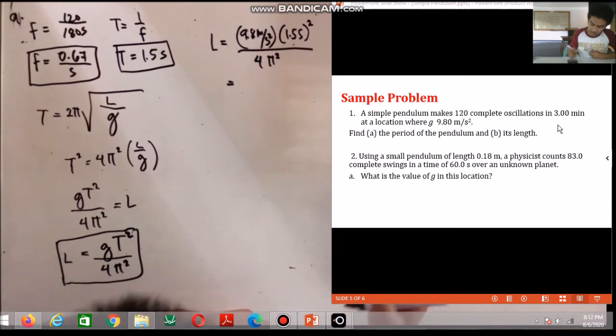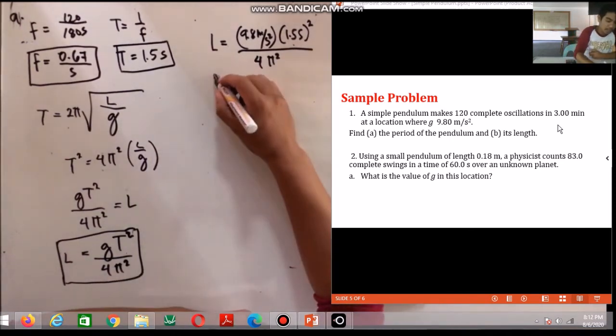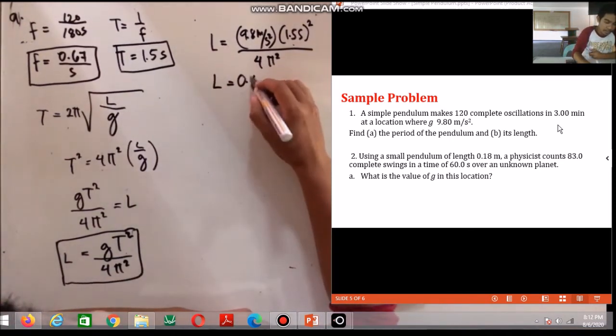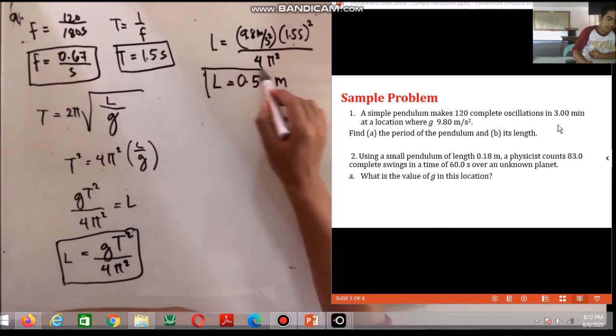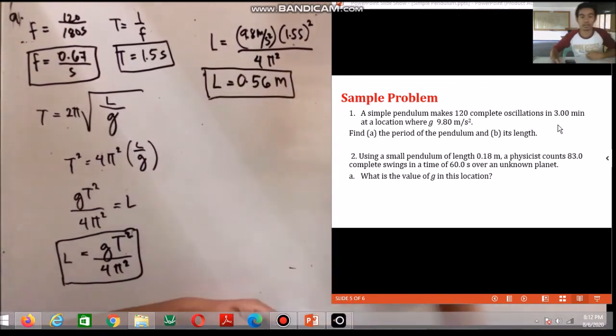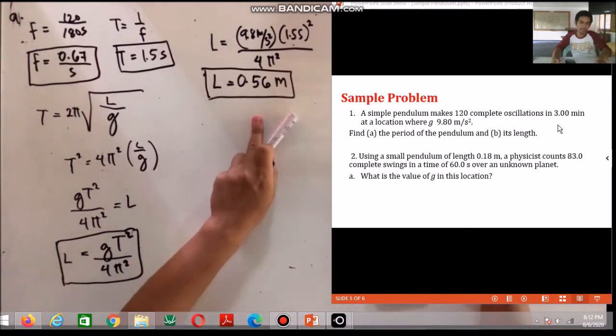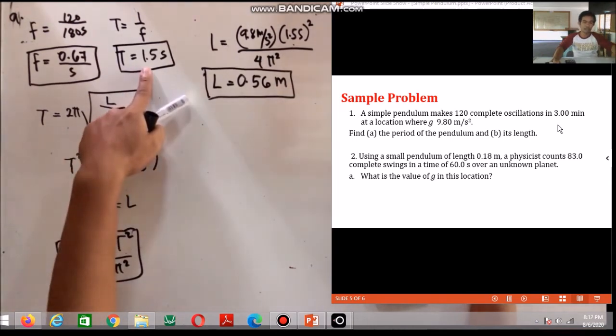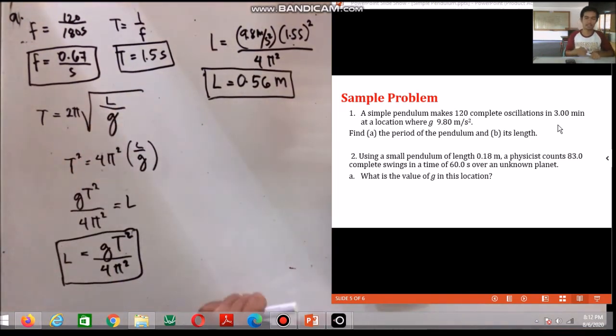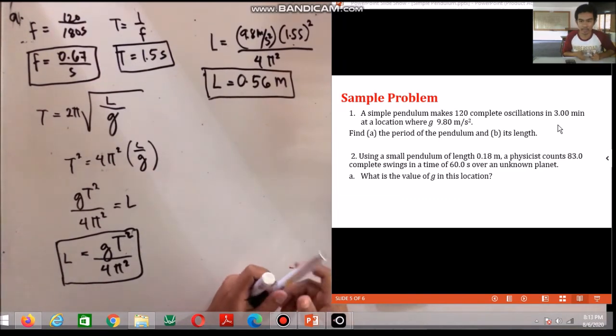So the length of the string is approximately 0.56 meters. Right. So this is the length of the simple pendulum, and the period is 1.5 seconds. So that's problem number 1.